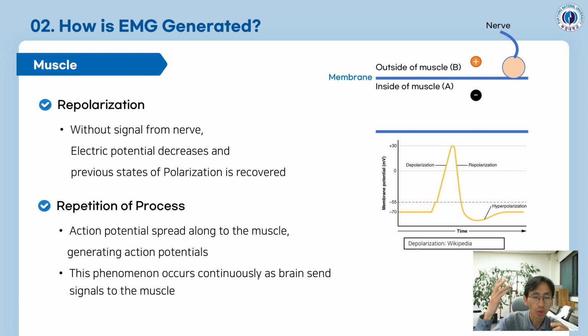We continuously think, I try to move my muscles. Our brain continuously sends signals to our muscles. So in time series, our brain continuously sends signals, and the action potential occurs continuously at this spot, and then continuously spreads along the membrane, along our muscles.